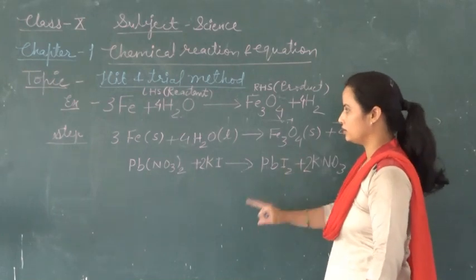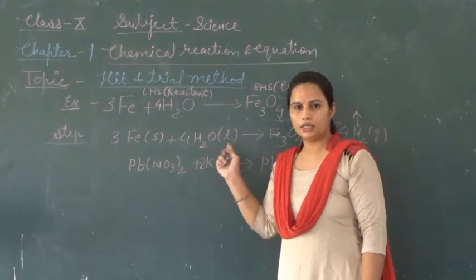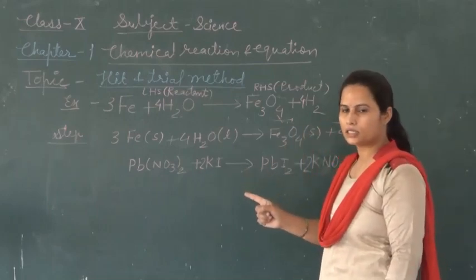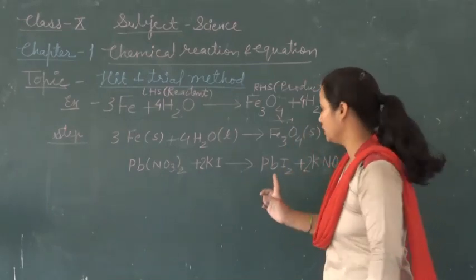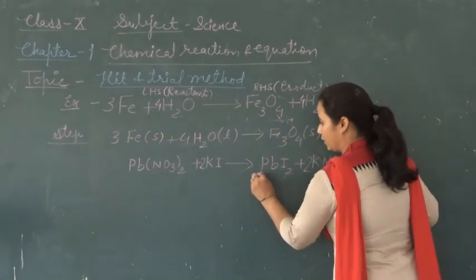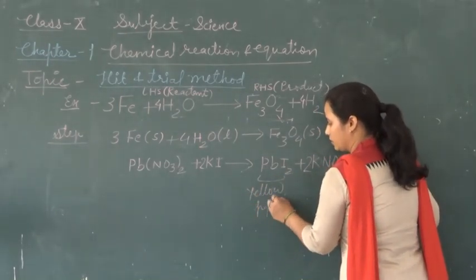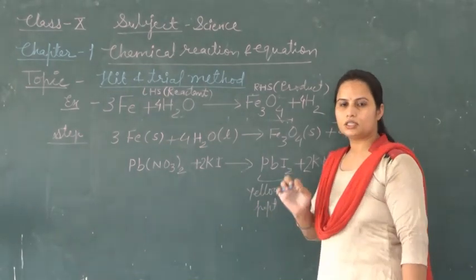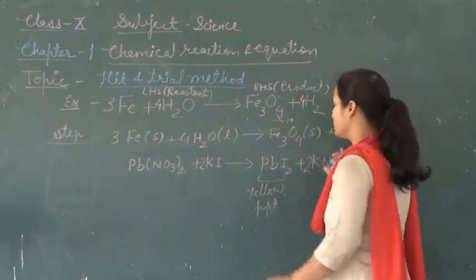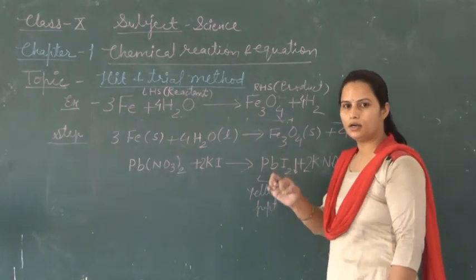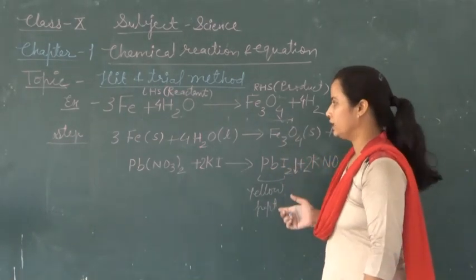I told you that you write the physical state. If it is any gas, then mention the arrow above that particular gas. If it is any precipitation, and we know that lead iodide forms a yellow precipitate. As I told you in my previous lecture, a precipitate is an insoluble solid which settles down. It is mentioned like this, with a downward arrow. Clear?